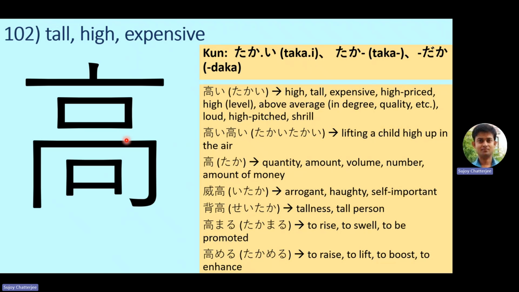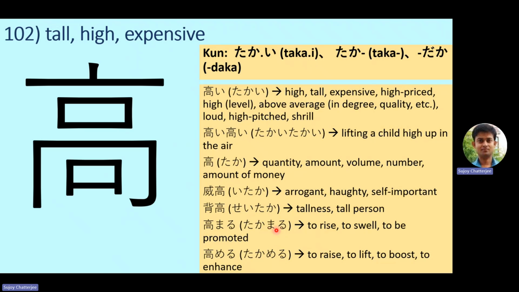We have Takamaru. Takamaru means to rise, to swell, to be promoted. And then finally we have Takameru, which means to raise, to lift, to boost, or to enhance. So there is a difference between Takamaru and Takameru. So you should take note of these meanings and you will understand.